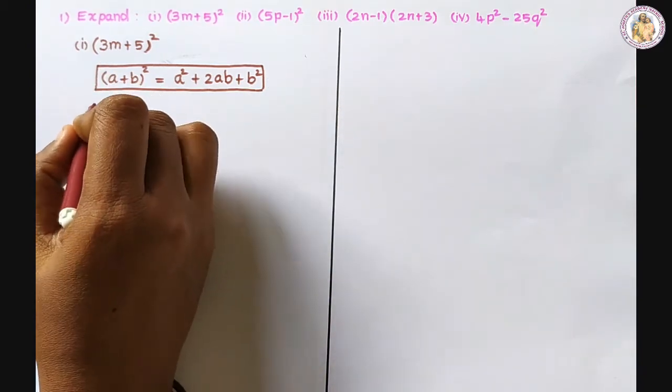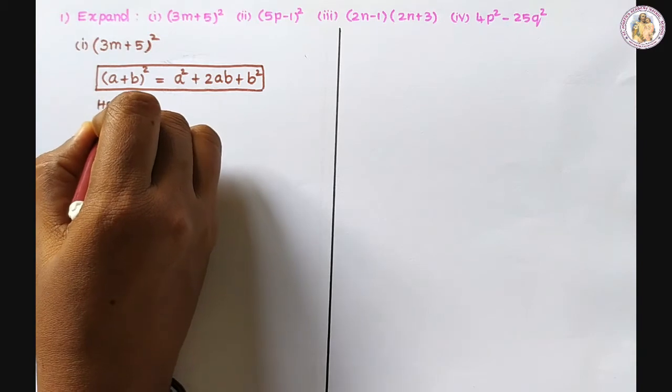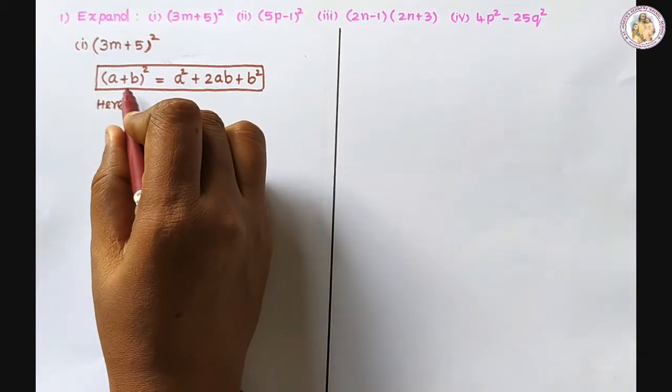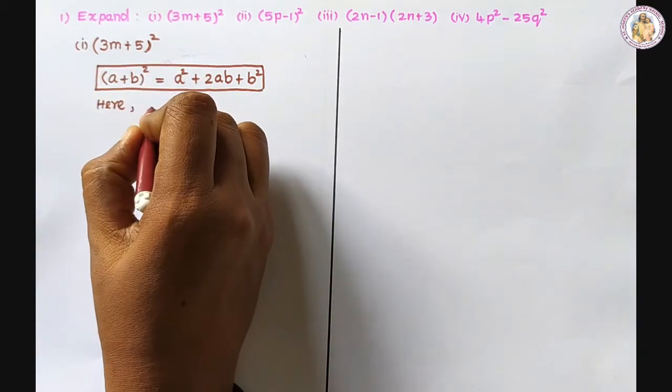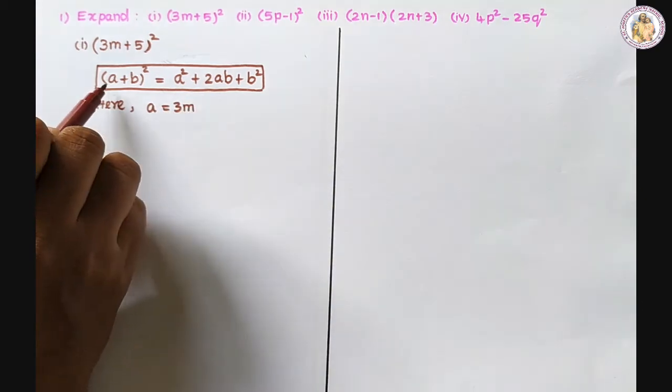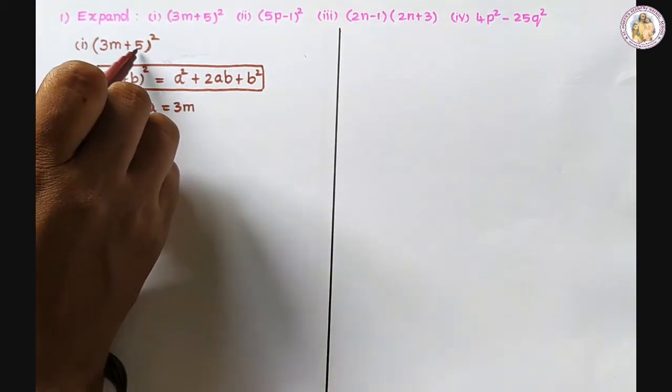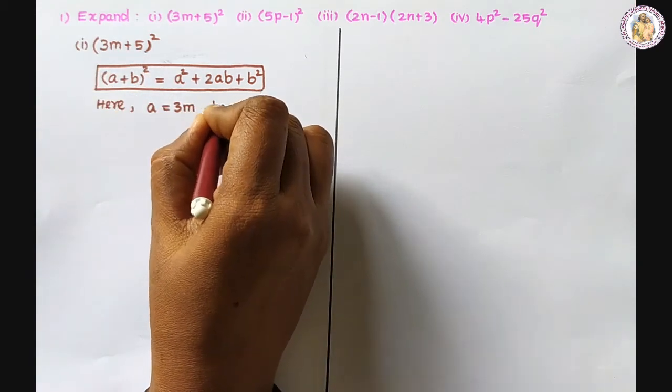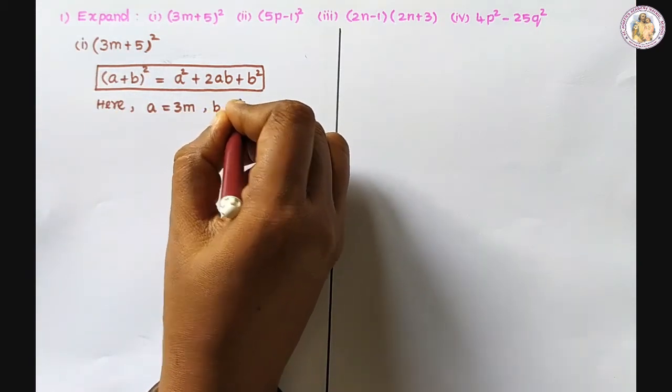Here, a equal to what? 3m, right? A equal to 3m and b equal to 5.